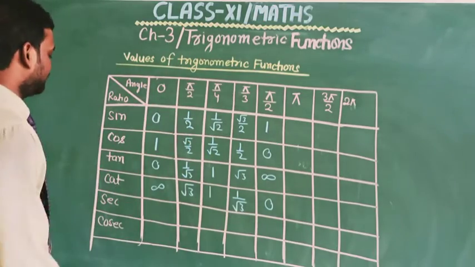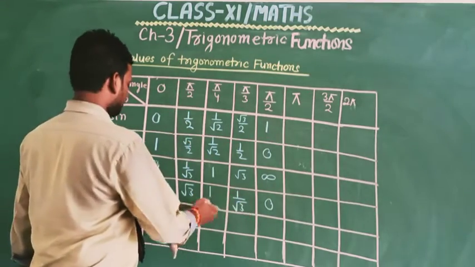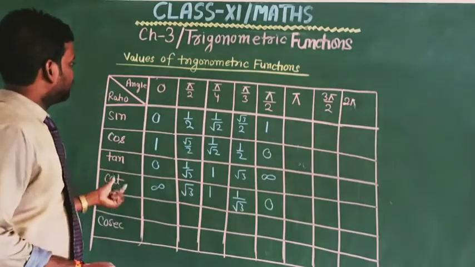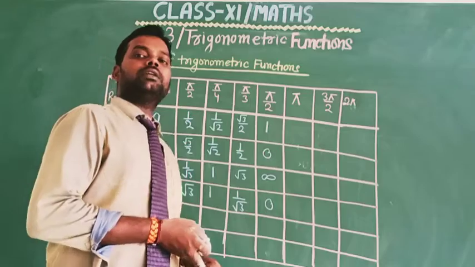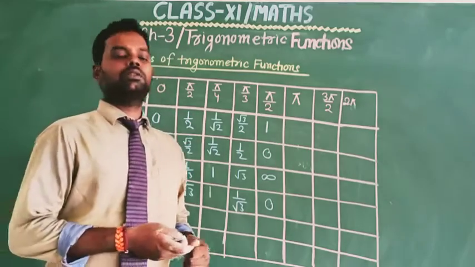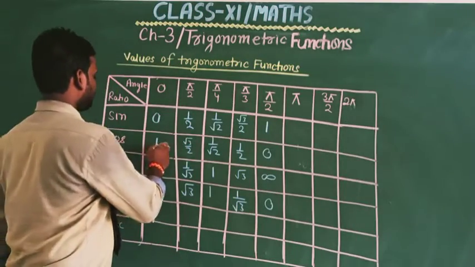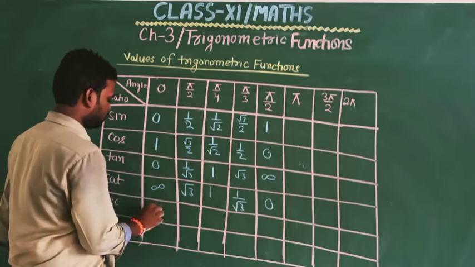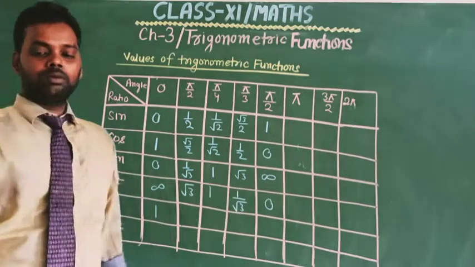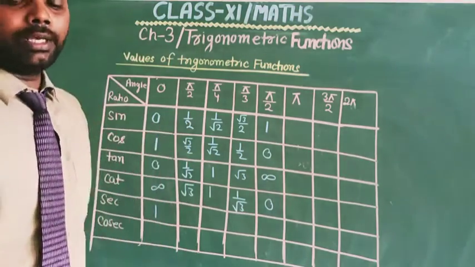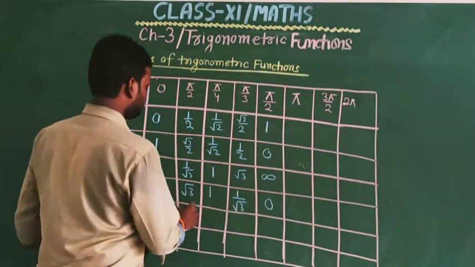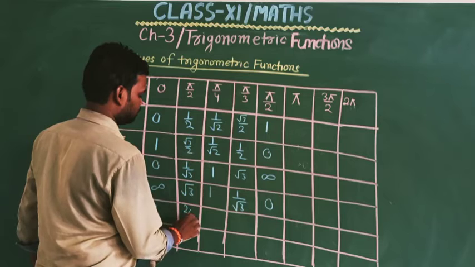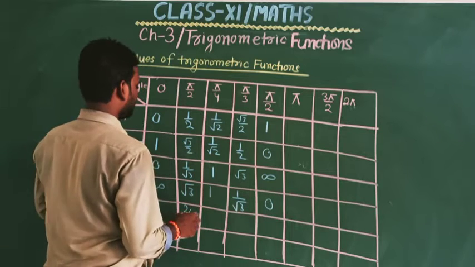Okay, next sec is determined by, as we know, sec equals 1 upon cos. So 1 upon cos 0 means 1. This is the value 1. Next is 2 by root 3, the reciprocal of cos.